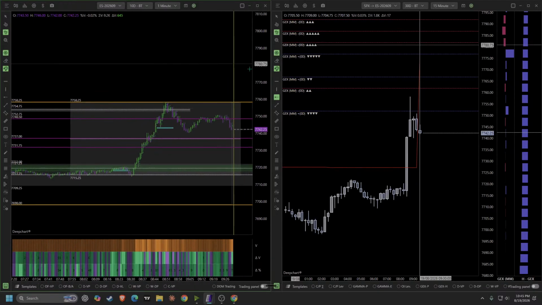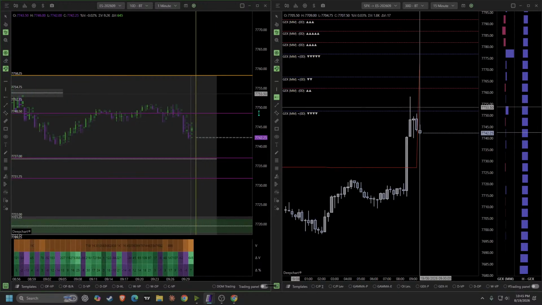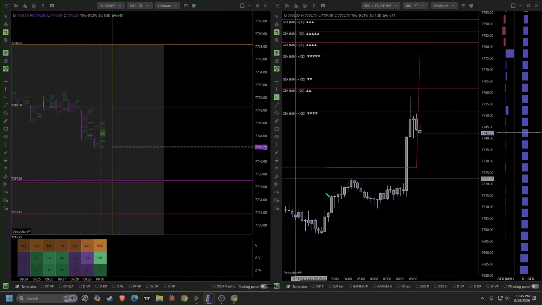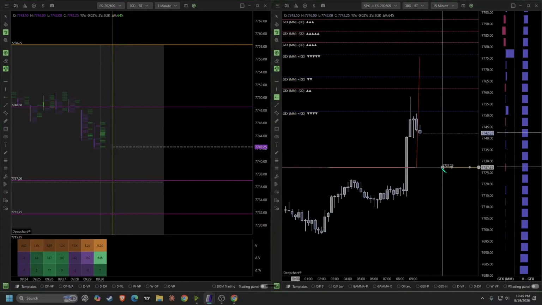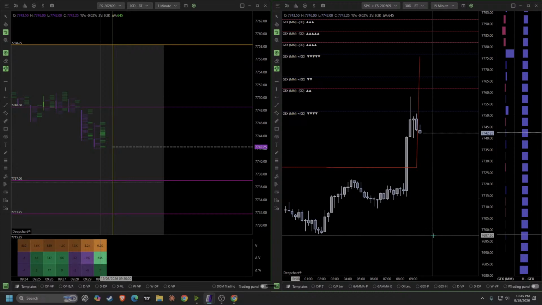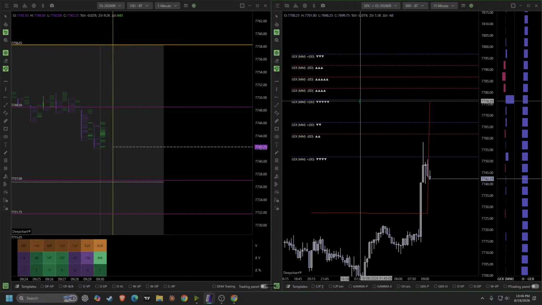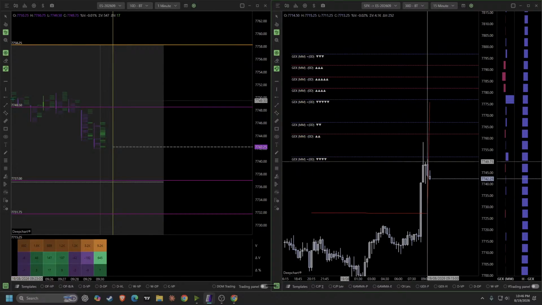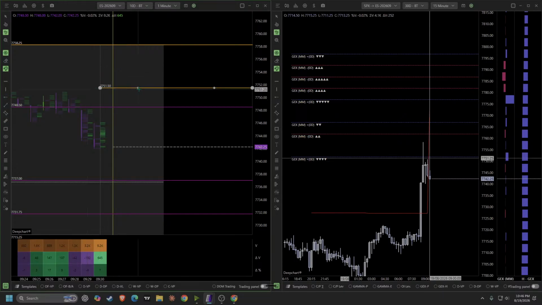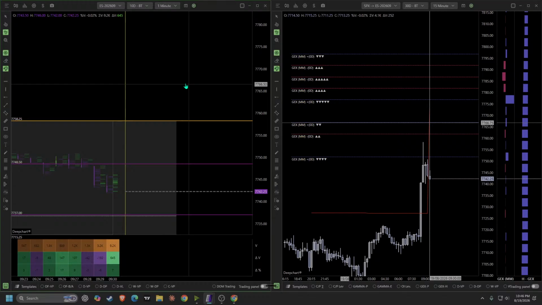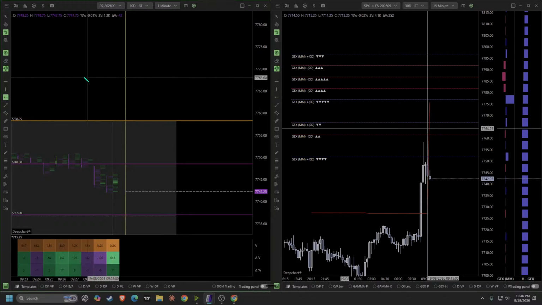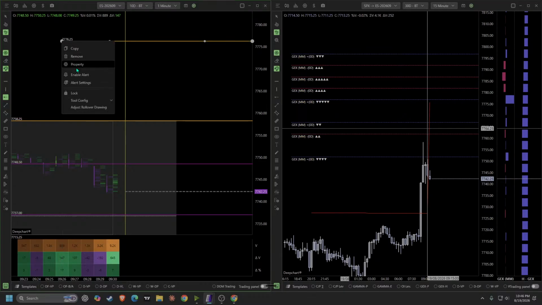All right, so now, as we're beginning the day, the largest GEX level on the positive side is 77.76.25. So we'll go 77.70. $77.76.25.